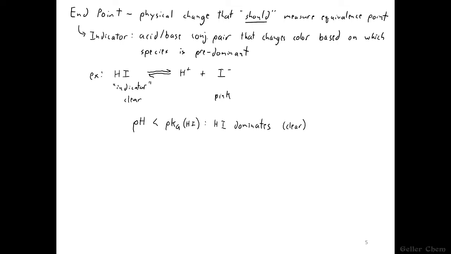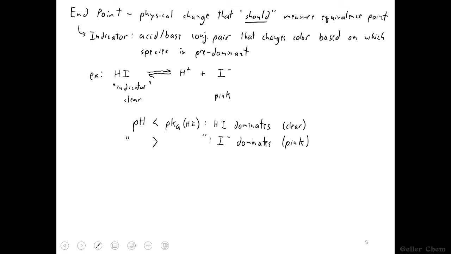As we saw in the previous slide, other indicators have different colors. Similarly, if the situation is reversed and the pH is more basic, is higher than the pKa of that indicator, then the conjugate base form dominates. And in this case, we would see pink.